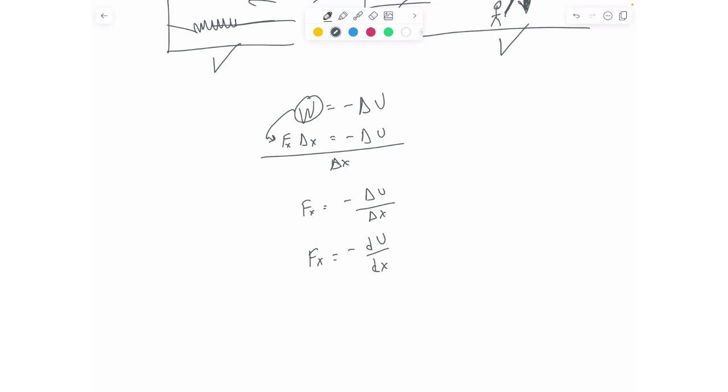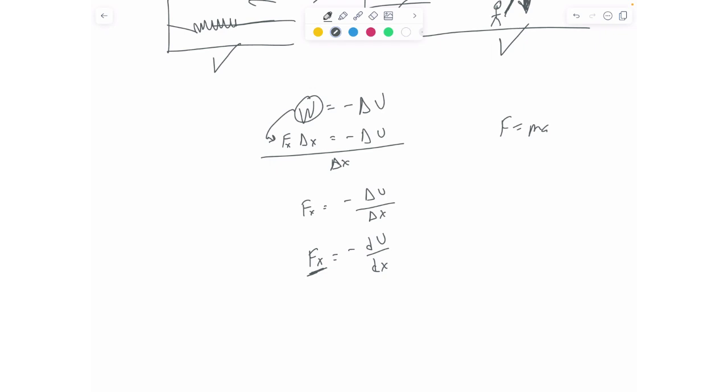If something is going up, its energy is increasing, but the work due to gravity is negative. Remember Newton's second law, force equals mass times acceleration. Here, this is another way of defining force. Instead of F equals ma, you could just say force equals the negative gradient.